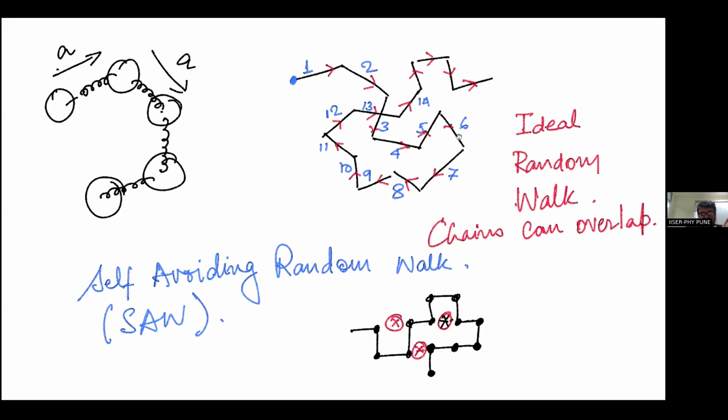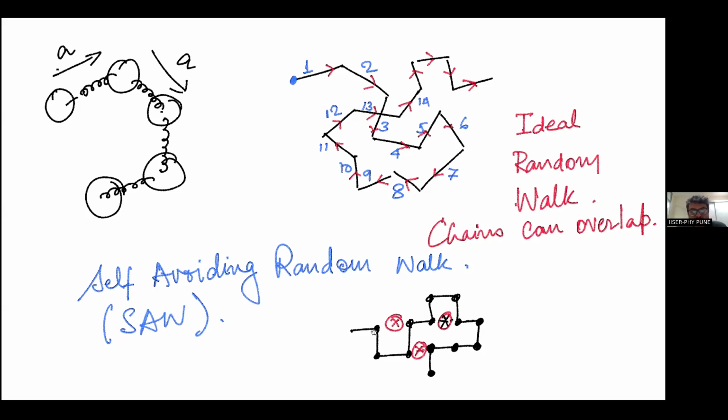If you look at this conformation, this would remind you of a random walk in 3D space. This is the so-called ideal random walk, where chains can overlap, right? So two monomers can sit on top of each other. On the other hand, polymers are better described by the so-called self-avoiding random walk, or SAW, about which I'm not going to discuss much or at all.